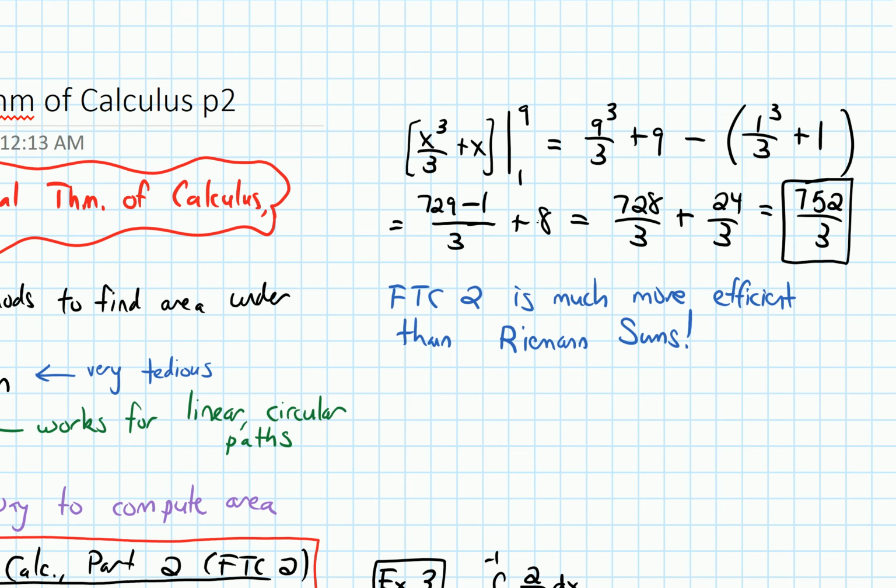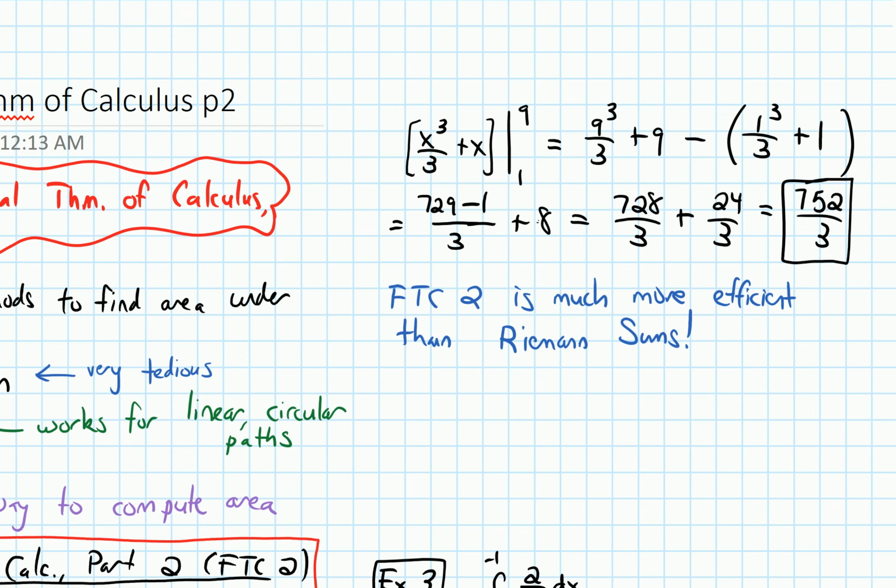Well, if we were to do that, it wouldn't explain, like, well, where does the FTC Part 2 come from? Like, why does getting an antiderivative tell us an area? So where that actually came from, how we were actually able to prove this result, was we needed Riemann sums. That's where the Fundamental Theorem of Calculus came from. It came from using Riemann sums and showing a connection between them and antiderivatives.